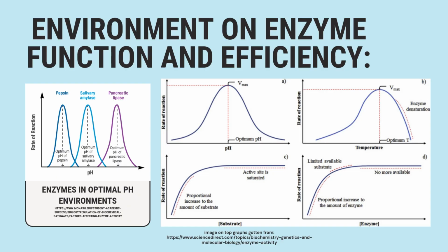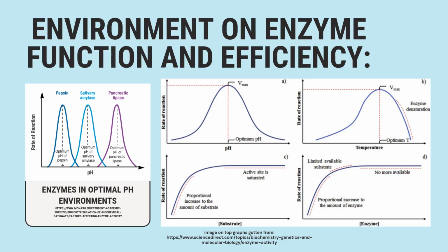To the right, we have a big graph depicting four graphs, where the first graph at the top left represents, again, the optimal pH levels on the x-axis and the rate of reaction on the y-axis.